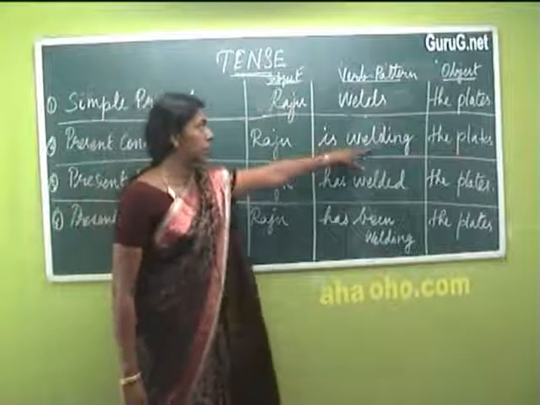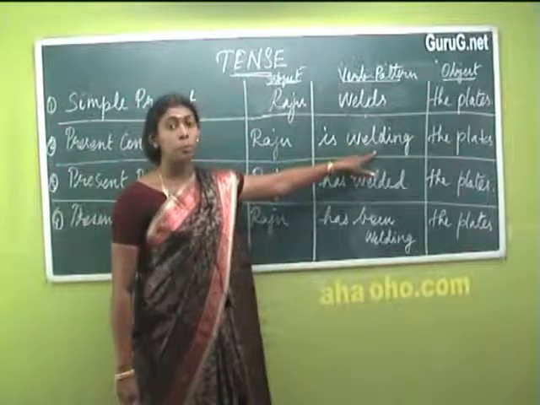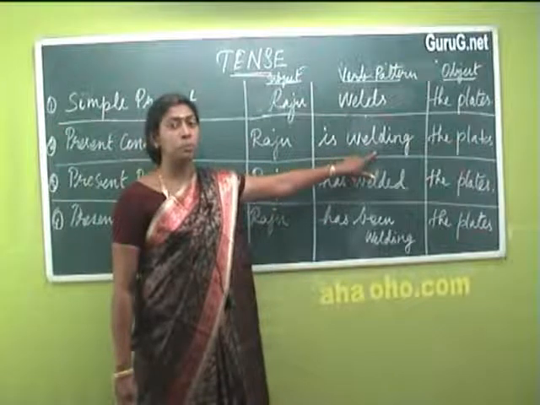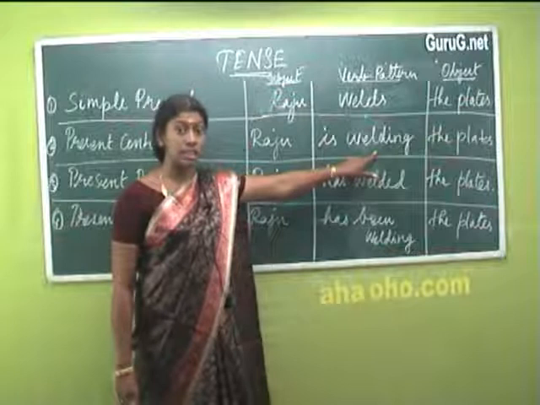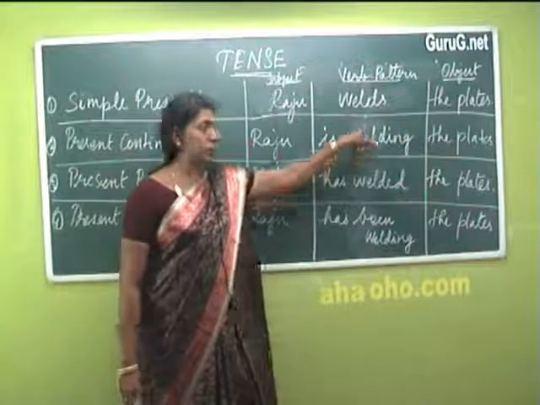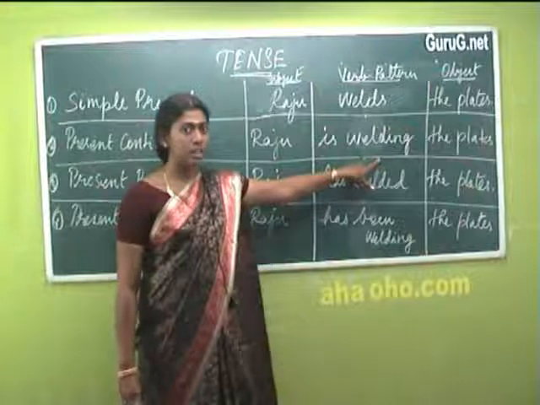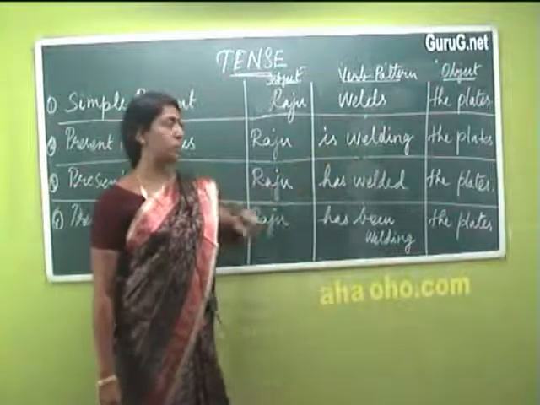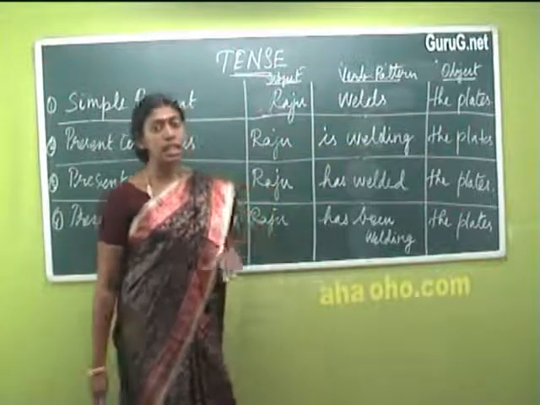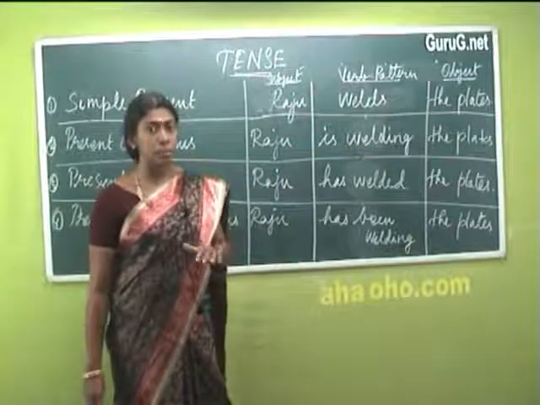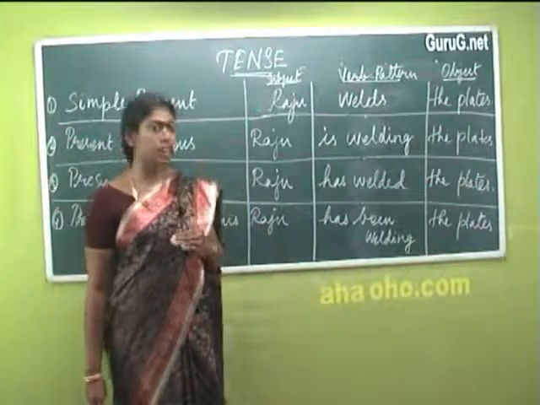Here, in any continuous tense for that matter, the verb pattern must consist of a present participle root verb. Whether it is present tense or past tense, the root verb must be in present participle. That is very, very essential. I repeat, whether it is present tense or past tense, the root verb, that is the main verb, must be in present participle in all the continuous tenses or all the progressive tenses.